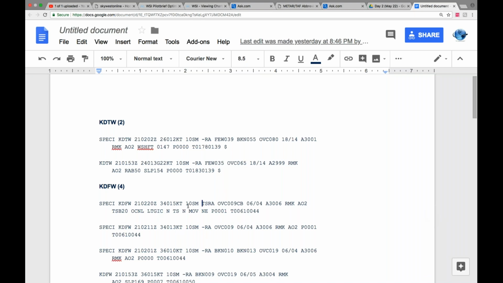So this is just describing what kind of lightning we're seeing associated with this thunderstorm. And then north TS, north, move northeast. So the thunderstorms in the north are moving to the northeast. Pretty good guess.